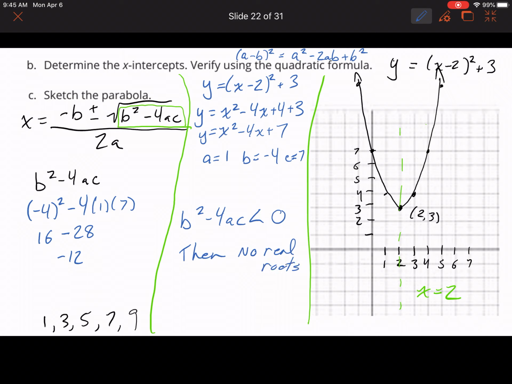So we verified using the quadratic equation. In the textbook, it goes through this entire thing in order to get it, but you don't have to do the other math. It's just what's under the square root sign that's important, that tells us, because that's negative, then we have no real roots.